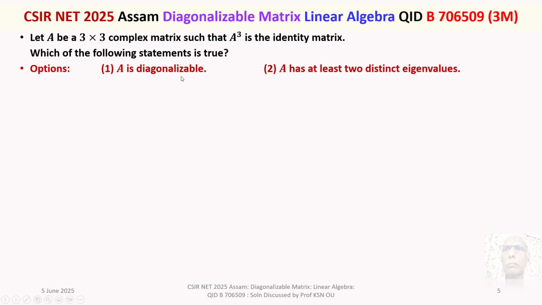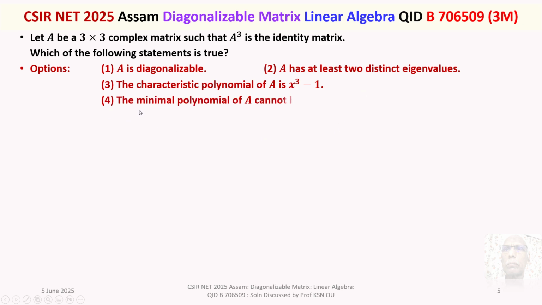Option 1, A is diagonalizable. Option 2, A has at least 2 distinct eigenvalues. Option 3, the characteristic polynomial of A is x cube minus 1. Option 4, the minimal polynomial of A cannot have degree 2.